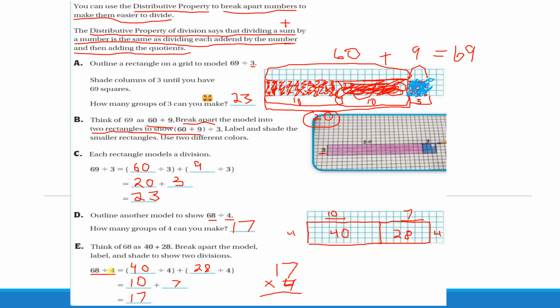And check to see if we get back to our dividend. So 4 times 7 is 28. That's going to give me an 8 here. Carry my 2. 4 times 1 is 4, plus 2 more is 6, 68. And yep, it matches the 68 there, so this problem checks out.